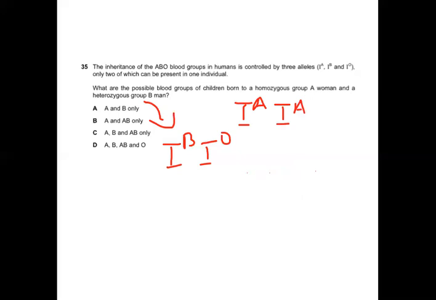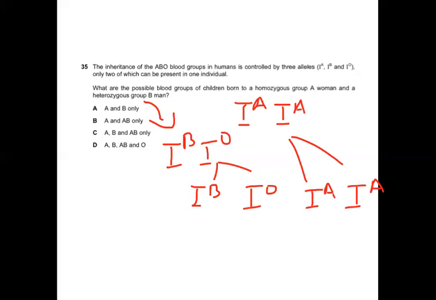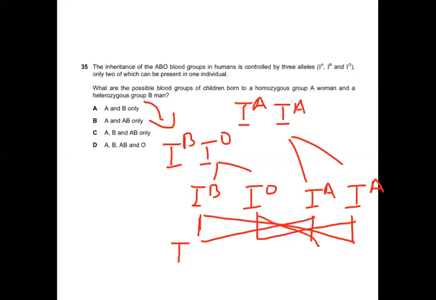Now making the test cross for these two. For this one, we'll have IB or IO. Now the first possibility is IAIB.